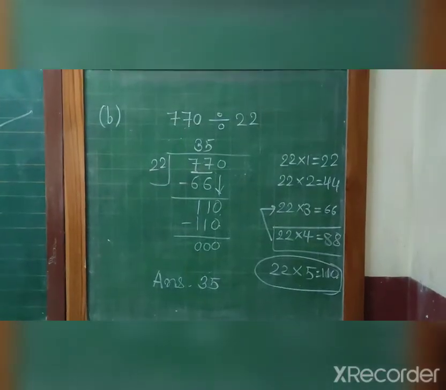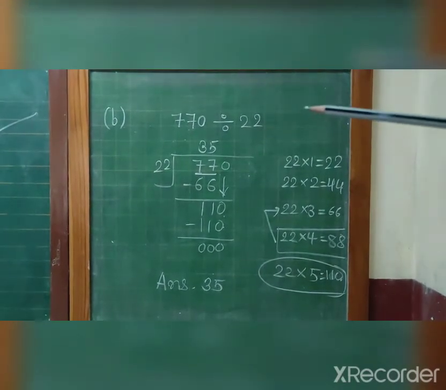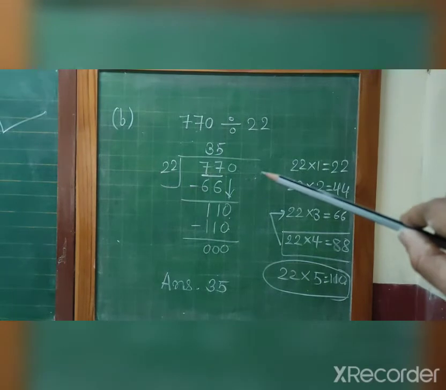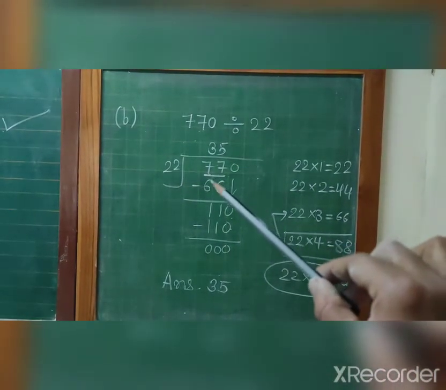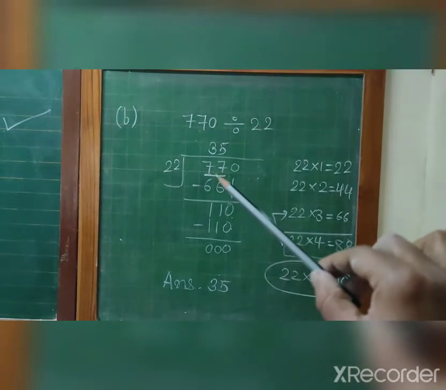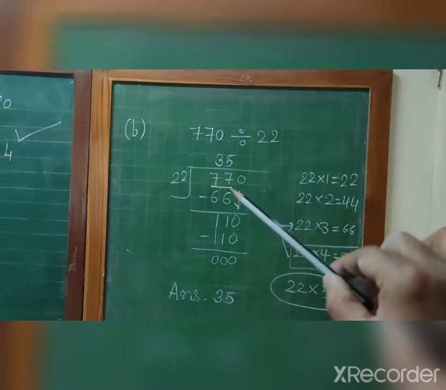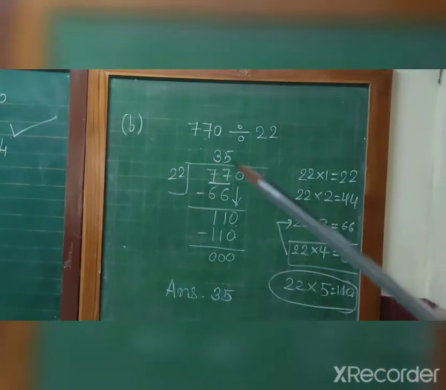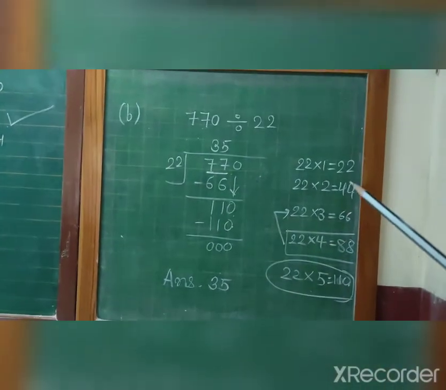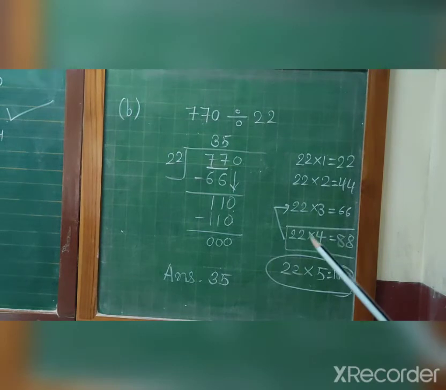Now in the second sum you can see 770 divided by 22. So 770 you will write here, and 22 you can see. Now the extreme left number is 7, so division is not possible, so you will proceed here. 77 is greater than 22, so 22 ones are 22, 22 twos are 44, 3s are 66 and 4s are 88.